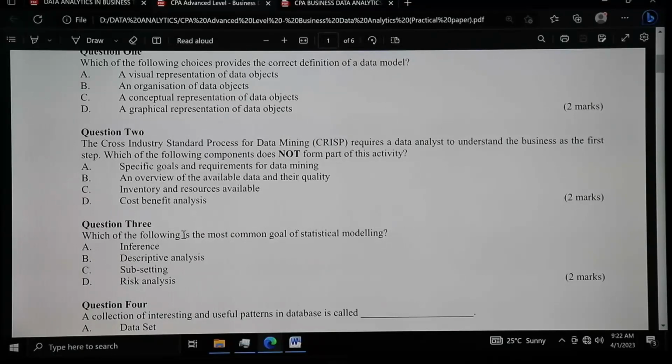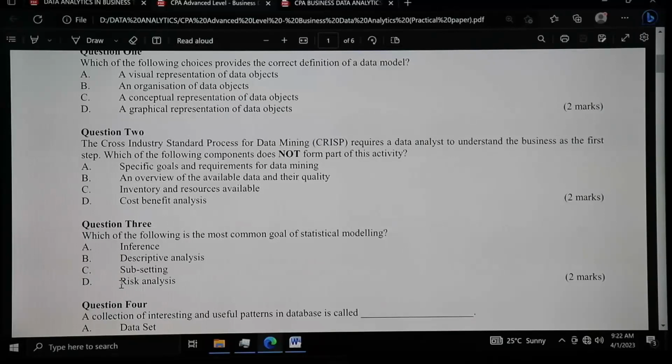So here you have to select the specific one that is actually most common. You will find that all of them are actually objectives of running a statistical modeling. But here you are told to give the most common.